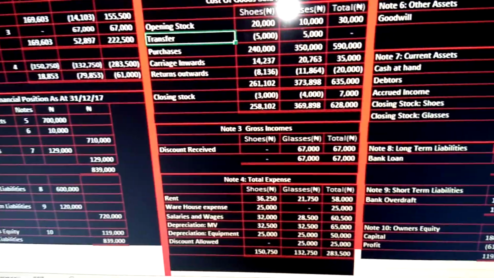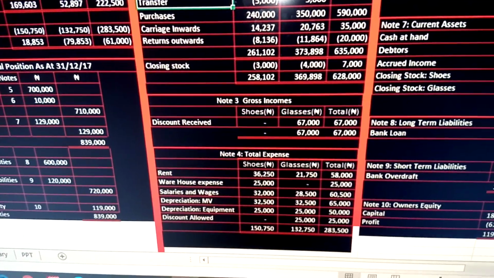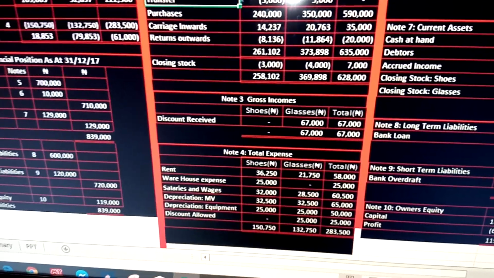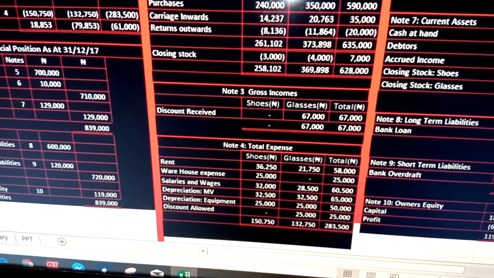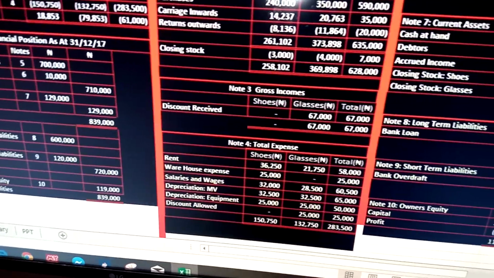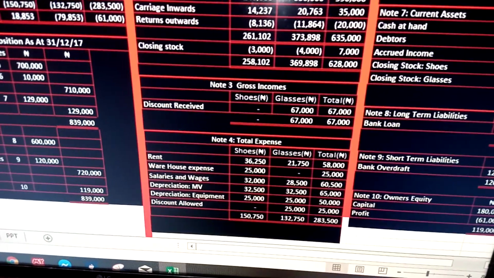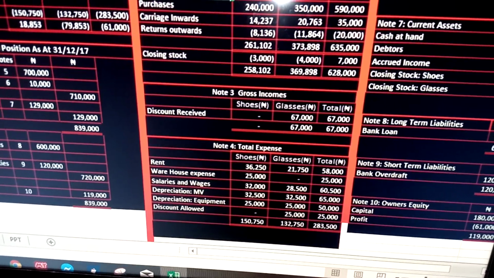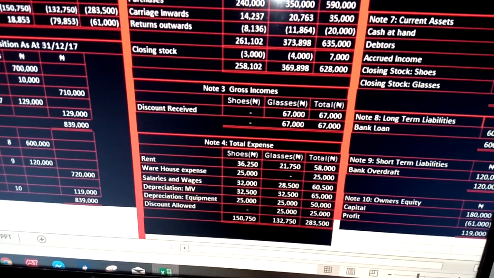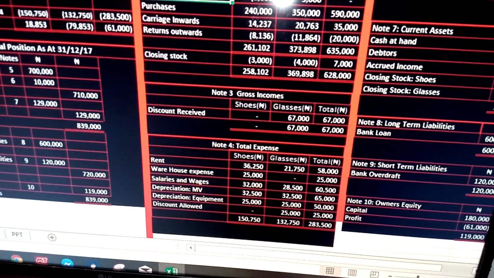I already explained how we treat depreciation in trading accounts. It's an expense, and then it will be taken out of the asset in the balance sheet. So already we know that 20% of motor vehicle, which is 325,000, is 65,000. If you divide it by 2, which is equally, shoes will take 32,500, glasses will take 32,500.